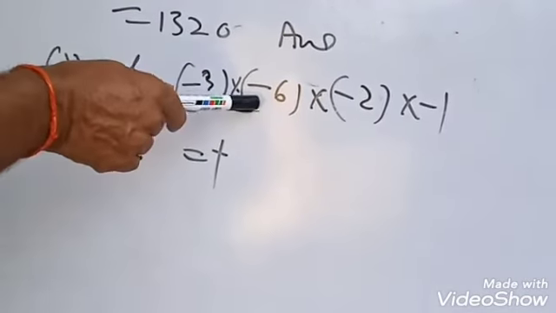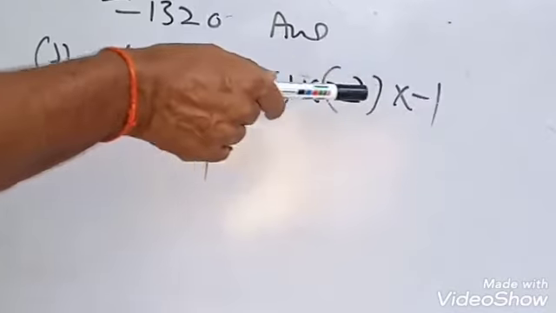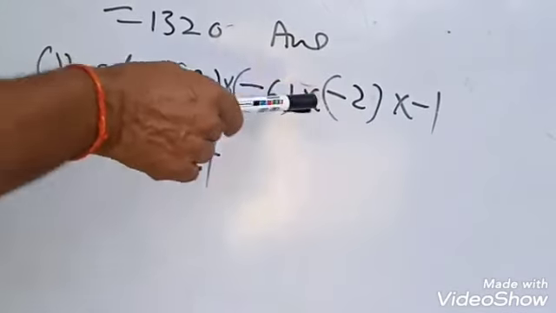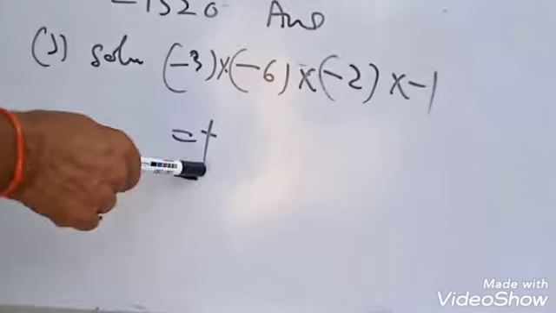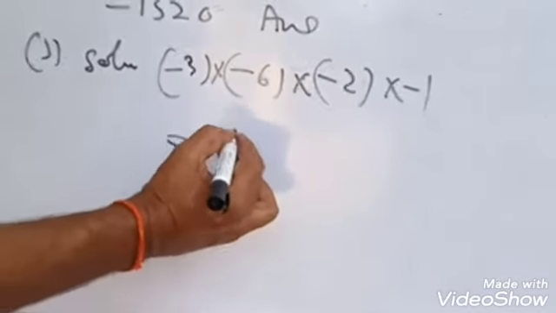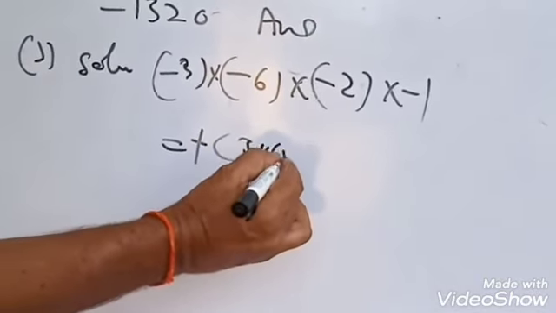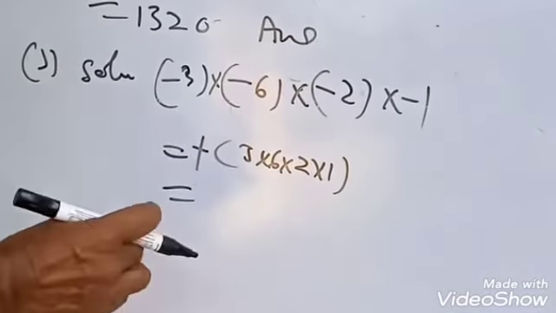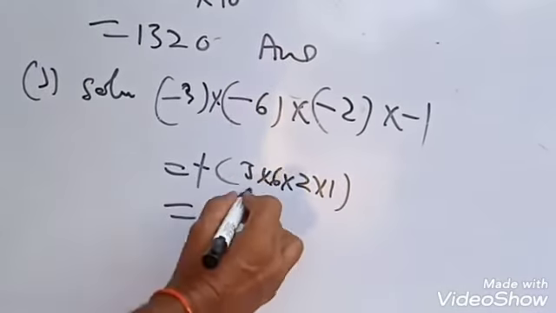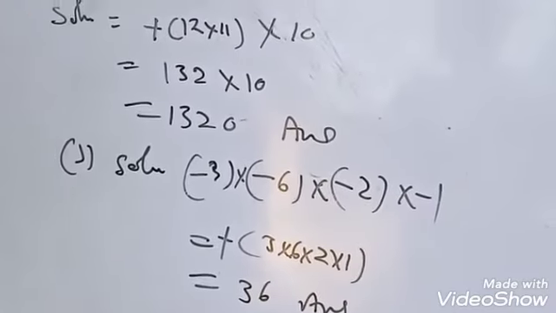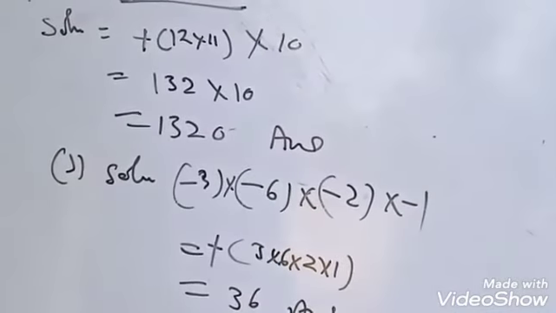This is minus, this is minus, this is minus, this is minus: 1, 2, 3, 4. Four minus signs, which is even. So when even numbers of negatives are multiplied, the product sign comes plus, and the product is 3 into 6 into 2 into 1, which is equal to 36. That is the answer.